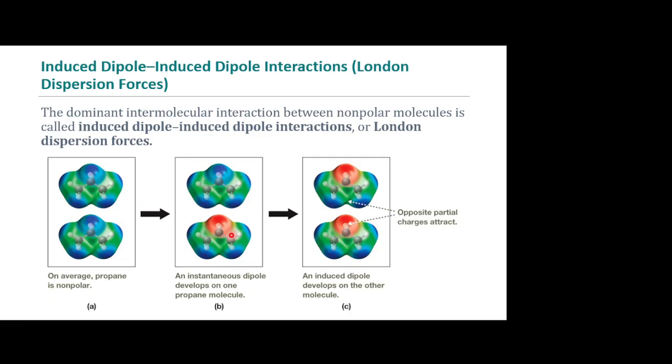It's literally due to probability, because you have a probability of one electron being off the center and developing a charge, right? And so you develop a charge on one side here. It's going to pull the electrons if it's positive, repel if it's negative, right? That's going to cause those other electrons to develop a charge differential. They'll start matching each other for a short period of time, and they'll pull each other together, okay?